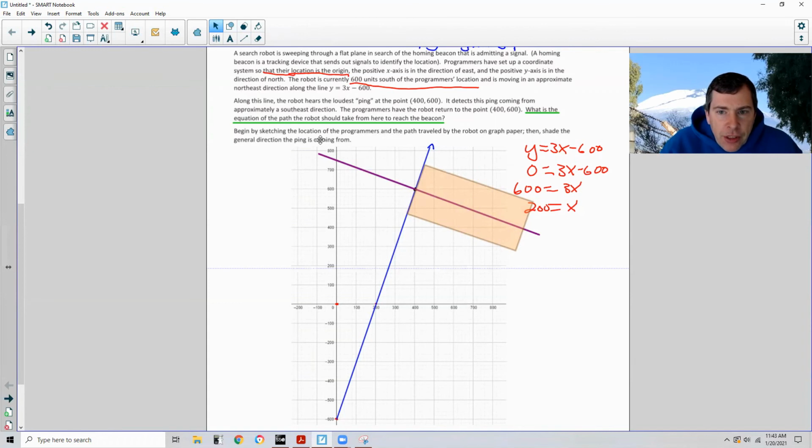There's our sketch. But it asked us what is the equation of the path the robot should take from here to reach the beacon.